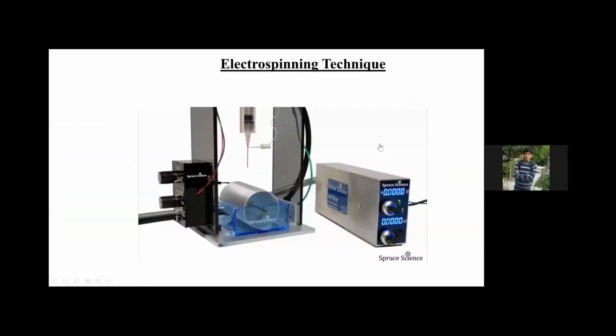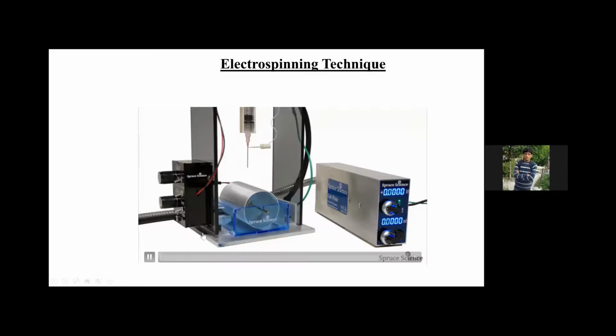Okay, the next process is the electrospinning technique. Electrospinning is the technique we use if we want a nanofiber-like structure, because porosity and structure are important parameters for the supercapacitor. Here is one of the videos, and I will explain it.